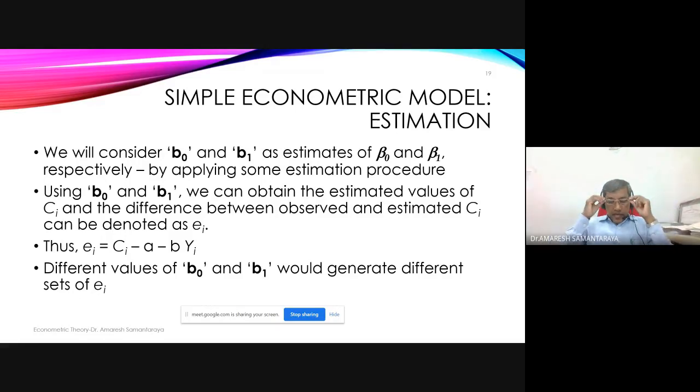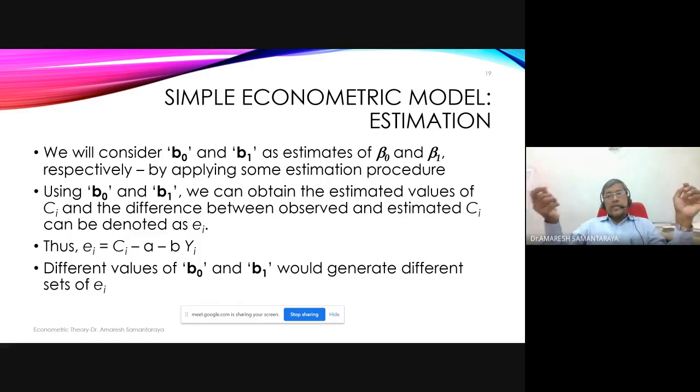Now, when we discuss things in general, this Keynesian function is applicable for India, for America, for Sri Lanka, in 1950, in 1960, in 2021. These are universal, general things.